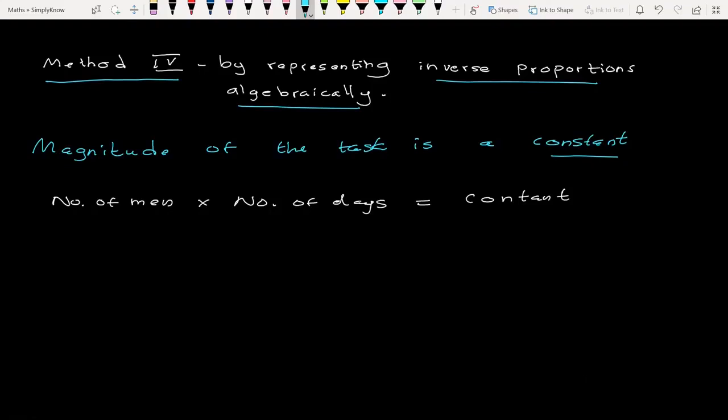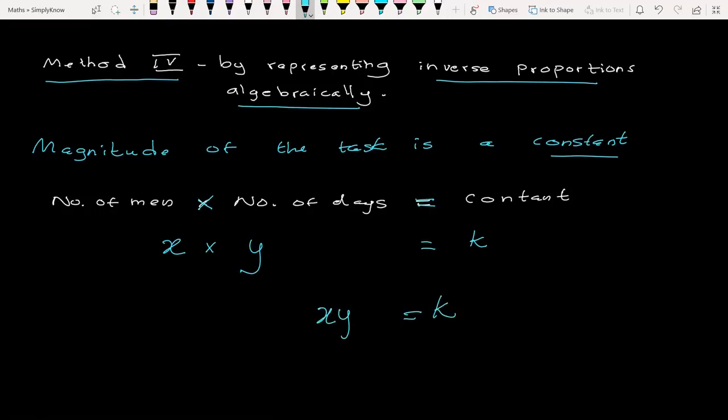Therefore, we can write this equation, number of men times number of days equals constant. And let's call this constant as K. And number of men as X times number of days as Y. So you can obtain this equation XY equals K.